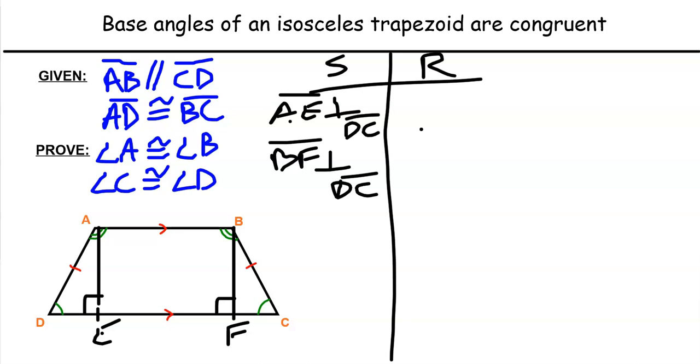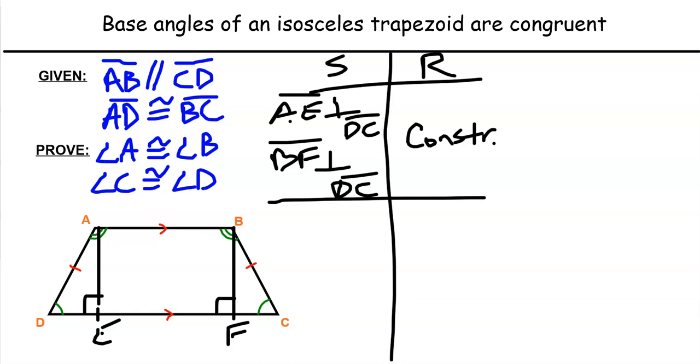And those are both by construction, because we have just added a new set of lines there. Okay, so now we have some triangles that we can talk about, and our goal here is going to be showing that the base angles D and C are congruent. So we know that the hypotenuse of these two right triangles, AD and BC, are congruent. That's part of the given.